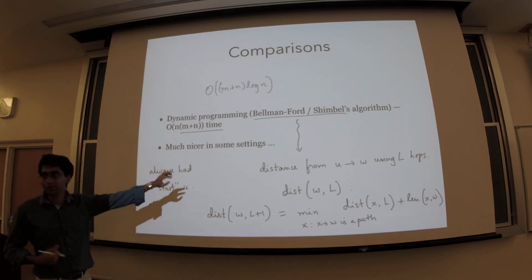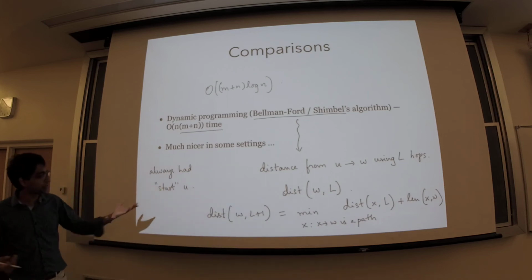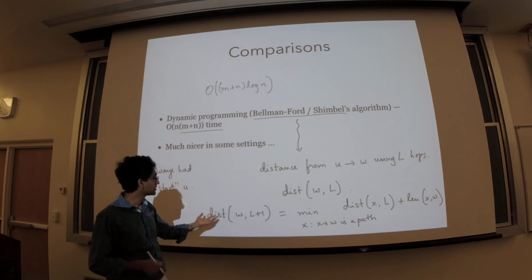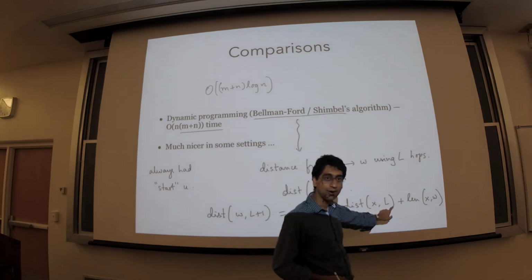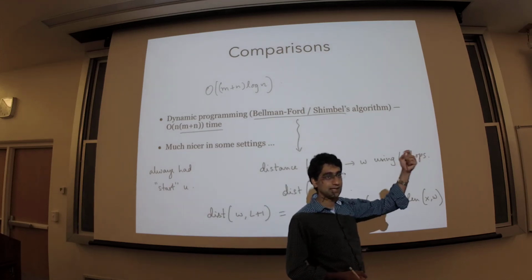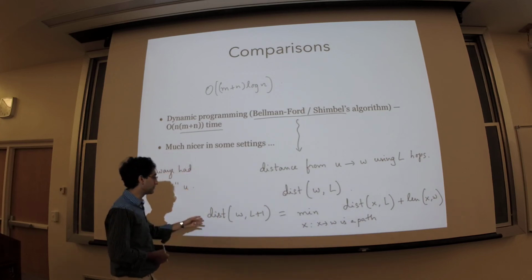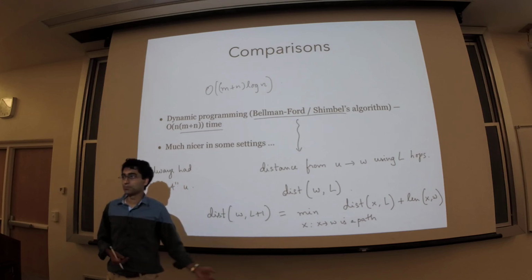This was the equation, if you remember, of how we updated this. Even if you don't remember, it's very easy to see. If you want to go from u to w using L plus 1 hops, then you go from u to some x using L hops, and you take a direct edge from x to w. That's the only way you can go from u to w using L plus 1 hops.